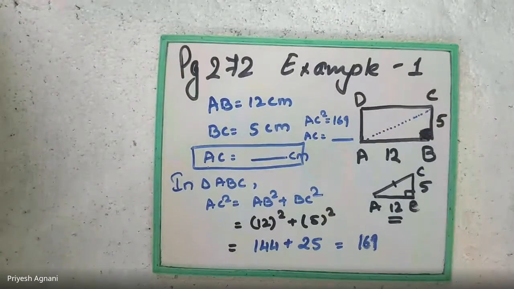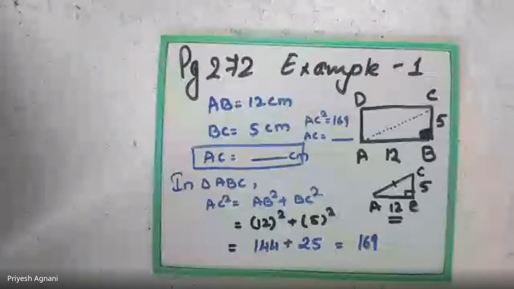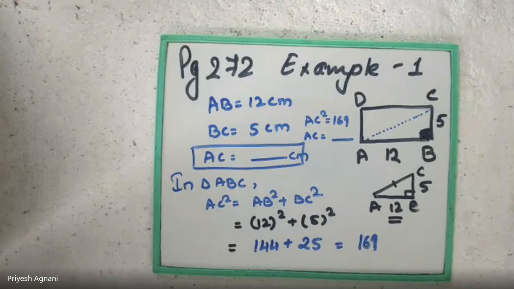I want everyone to put the answer in the chat box. AC is equal to dash centimeter. Complete ऐसा लिखना है, कितना होगा? Please write it down. Give the answers in the chat box. I give you a moment.